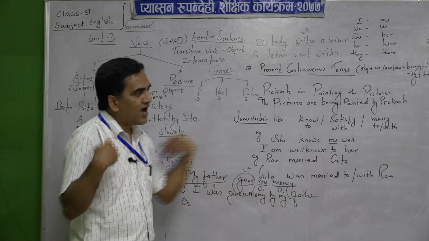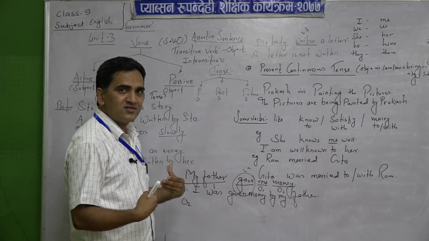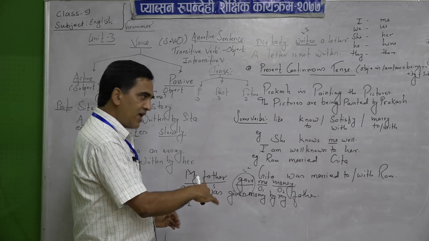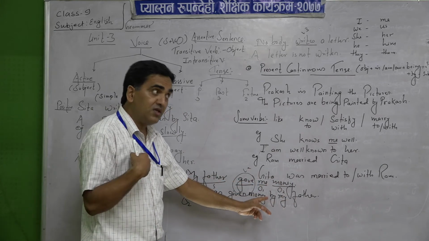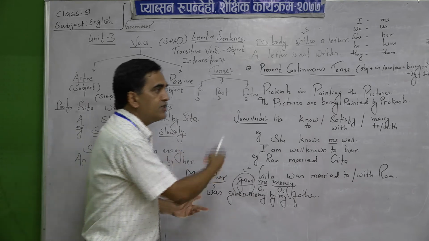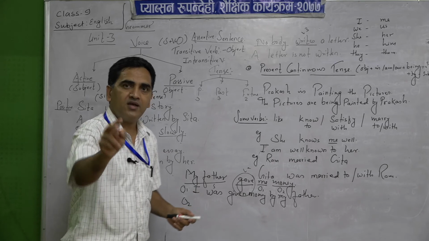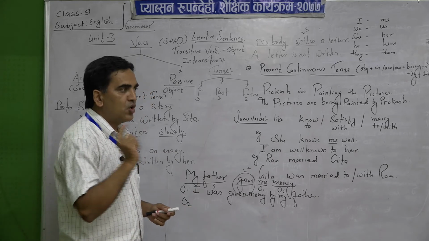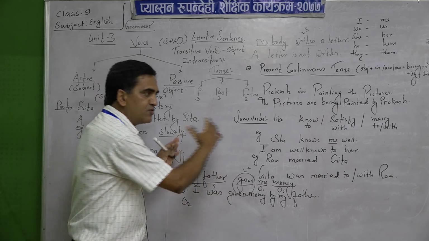Who gave money? Father. And according to the second object: money was given to me. You can use the extra preposition to. Money was given to me by my father. So, my dear students, you have read up to these examples.